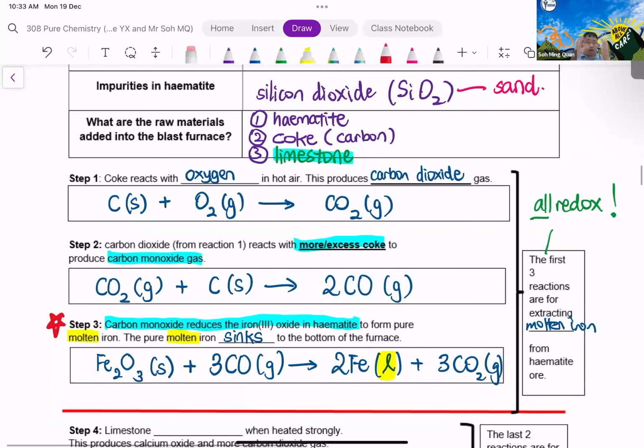Now let's just focus and home in on step 3. I want you to work out what is reduced and what's oxidized. The simple way to work it out is always to start from the oxidation state of the metal. Always start with the metal first. Okay, the metal in step 3 obviously is iron. So let's work out the oxidation states of iron at the start and at the end.